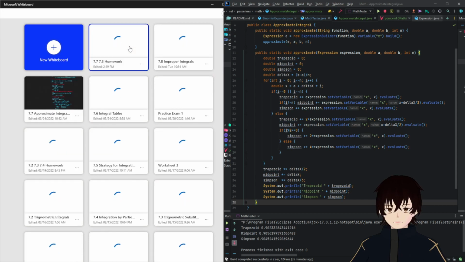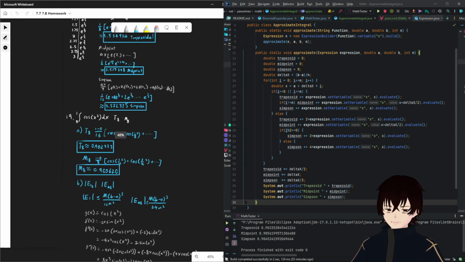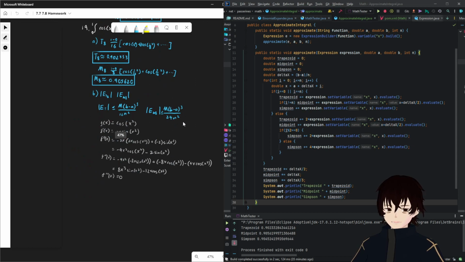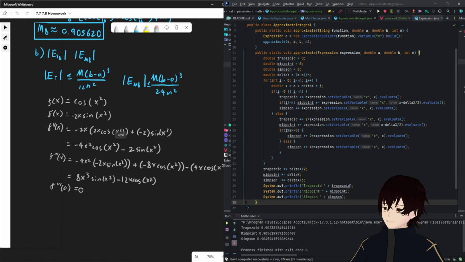But if that's the case, this doesn't make sense. This is f prime of x, but this does not look like f double prime of x.